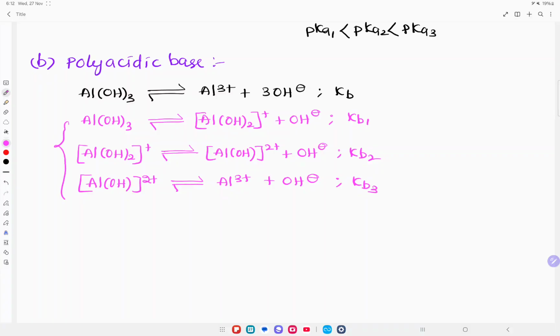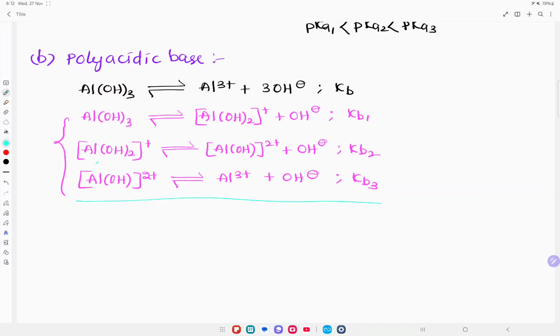By adding these 3 equations, what do we get? This one gets cancelled, this one gets cancelled. Then what do we have? Al(OH)3 gives rise to what remains: Al3 plus and 3 OH minus ions. By adding these 3 equations, we are getting the first equation.